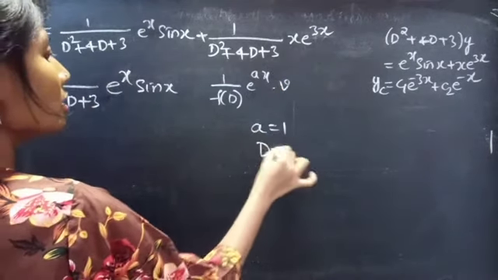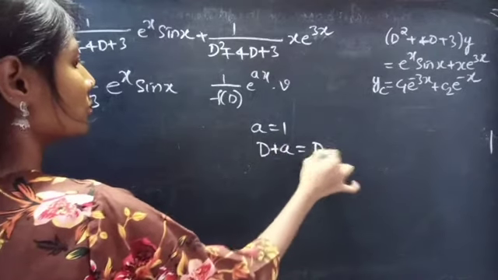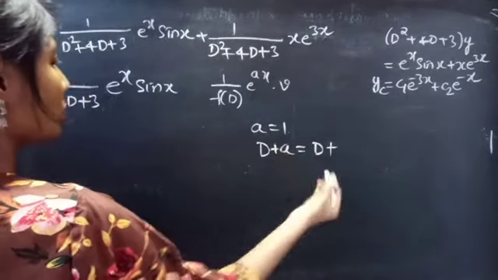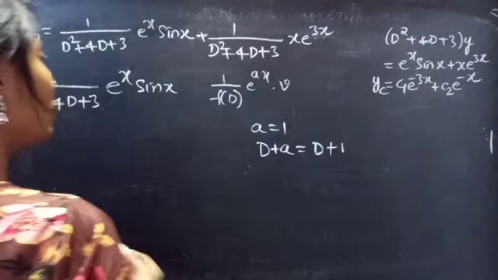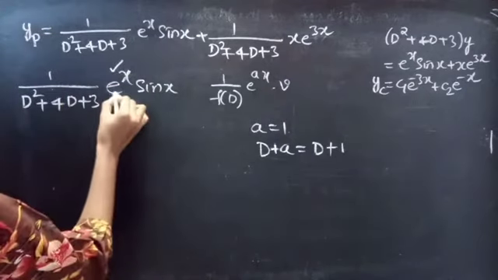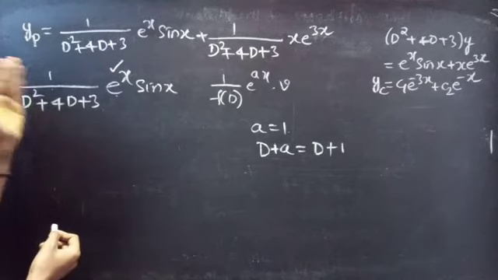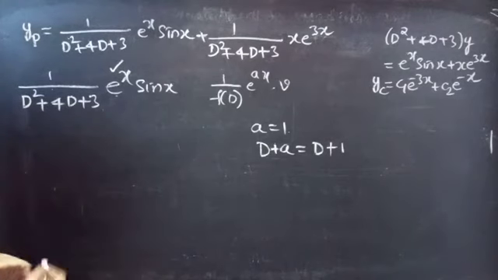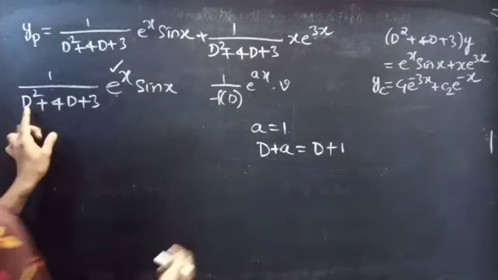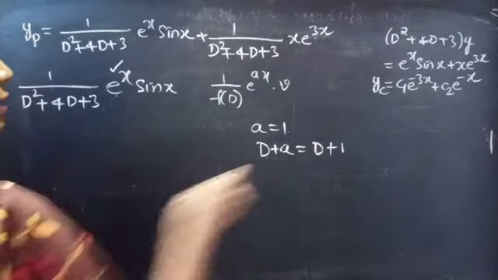We'll find D plus a, which for a equals 1 is D plus 1. Now, shift e power x towards the left, that means outside 1 by f of D, by replacing this D by D plus 1.